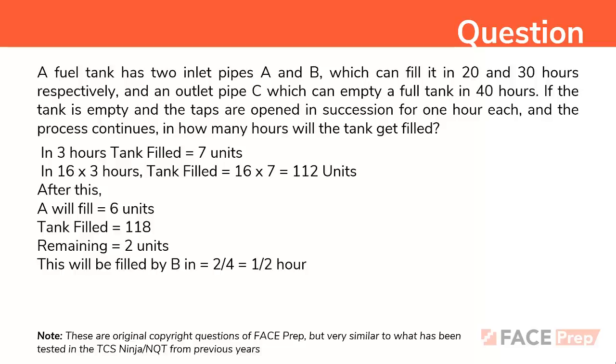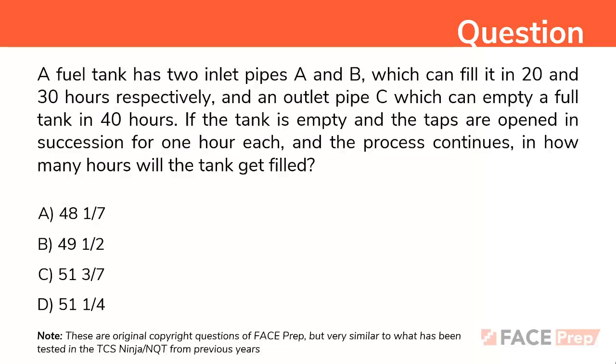So it is filled in 48 plus 1 plus 0.5. Up to 48 hours A, B, C work in succession. After that A fills the tank, and then in half an hour B fills the tank. So the answer will be 49.5 hours, you can say. There is option B.